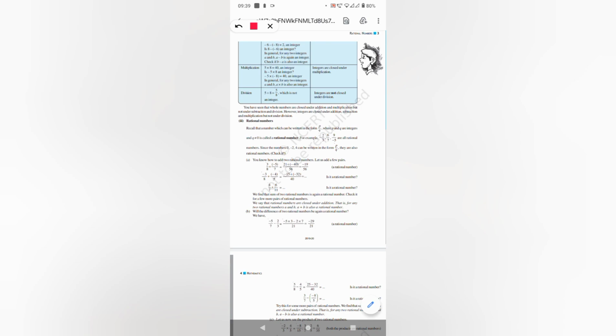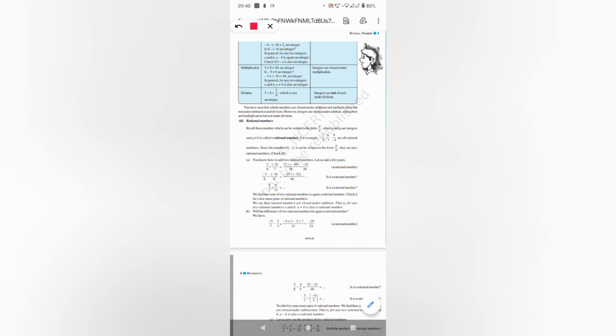Rational numbers. Recall that a number which can be written in the form p by q. So what is a rational number? A number which we can write in the form of p by q, where p and q are integers and q is not equal to 0.